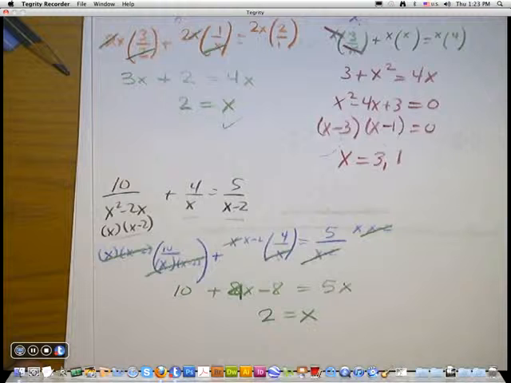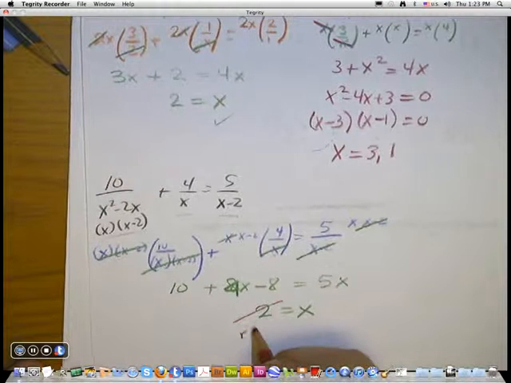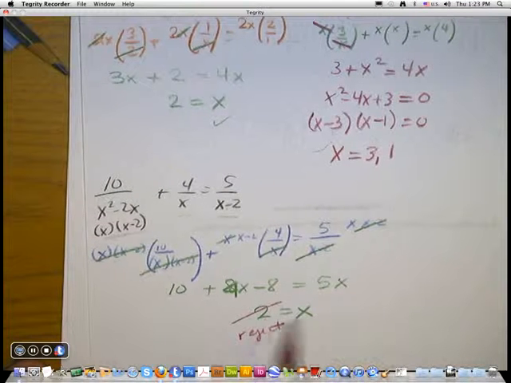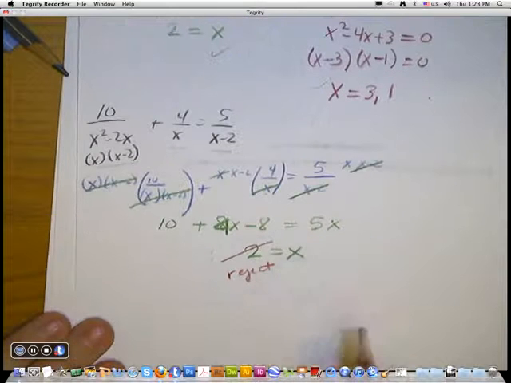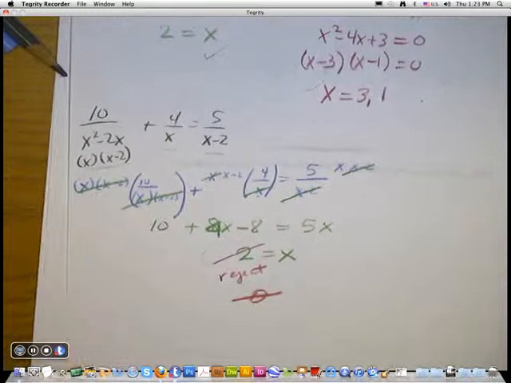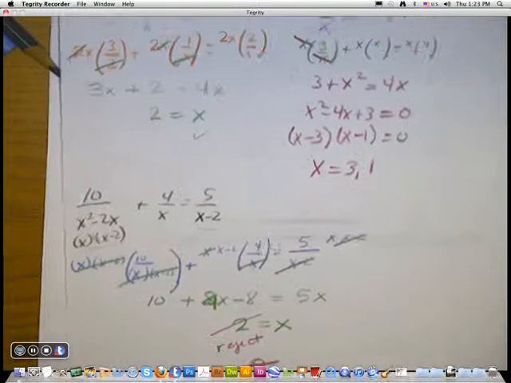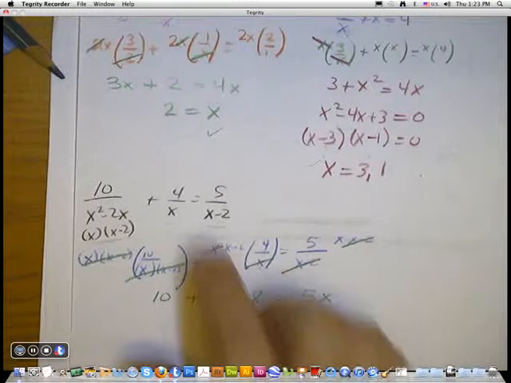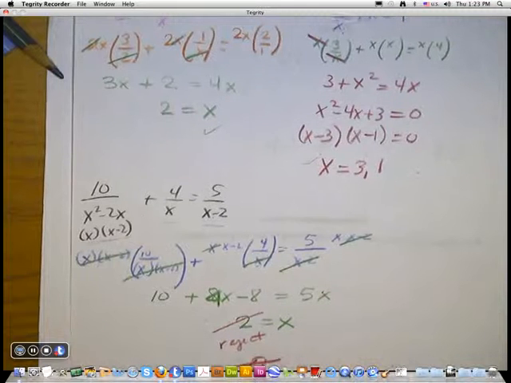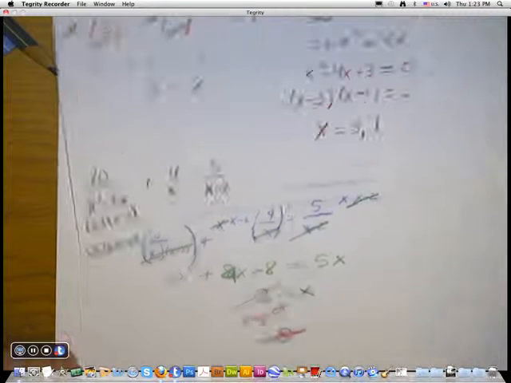So what happens is that we're actually going to reject. And since there are no solutions left, no solution is the answer. So make sure you check it, because 2 does not work. Since 2 does not work, there are no answers. Therefore, the actual answer is no solution.